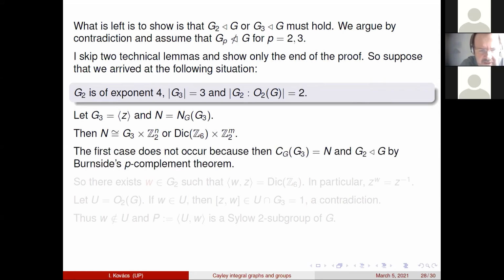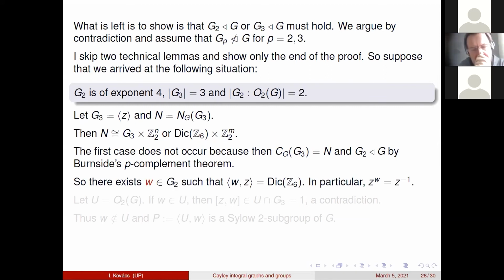But the first case is not possible, because in that case, the centralizer of G3 would be the same as the normalizer, and that would mean the group has a normal 3-complement, which would be G2, and this is not possible. So the second case holds, and because of that, we can find a W in G2 such that W and the generator Z generate a dicyclic group.